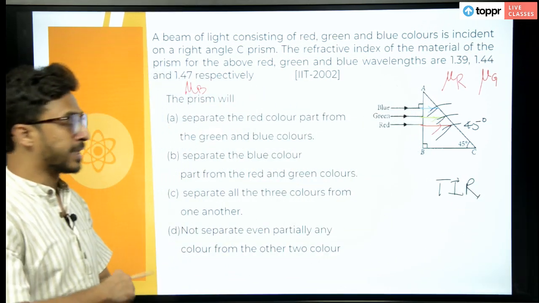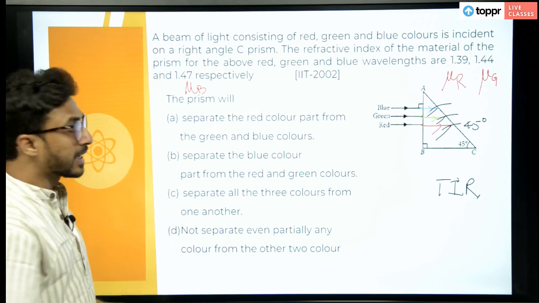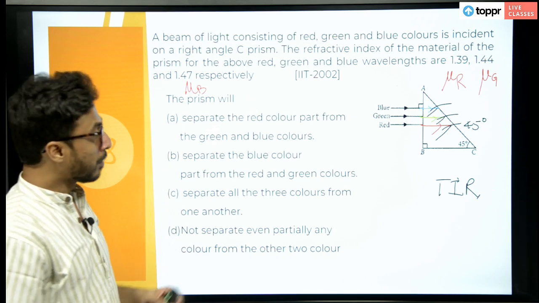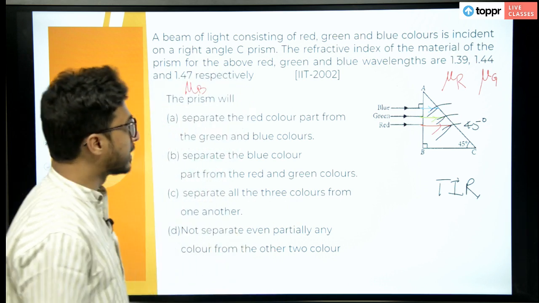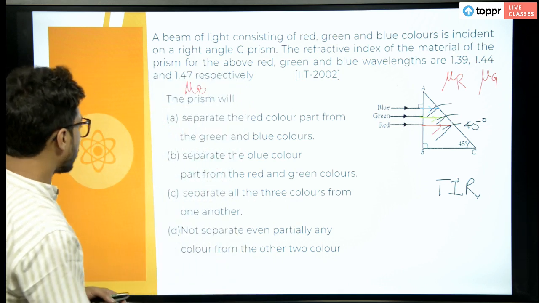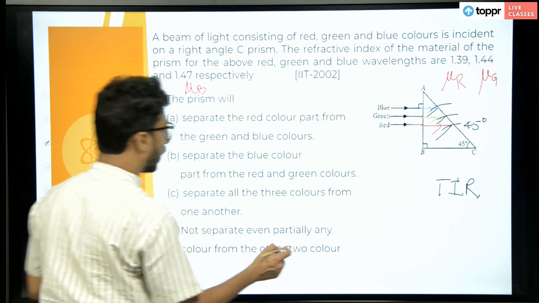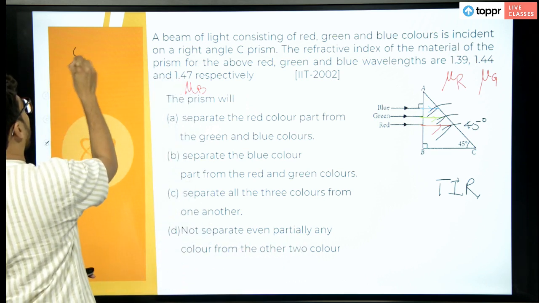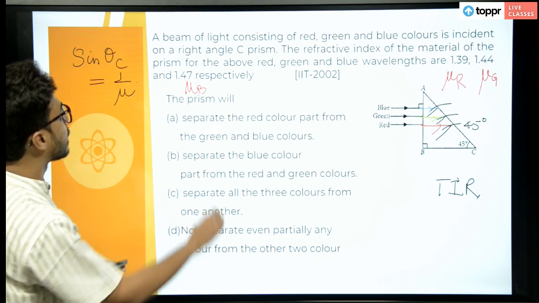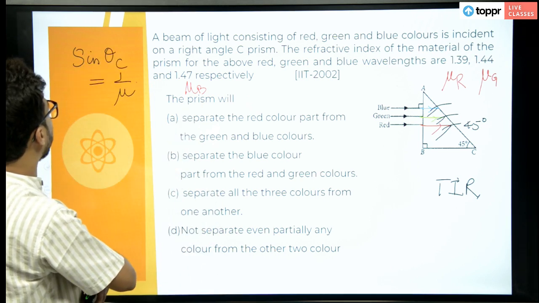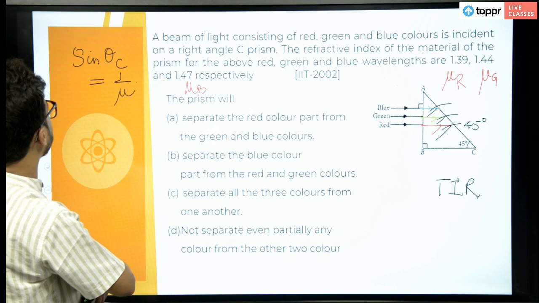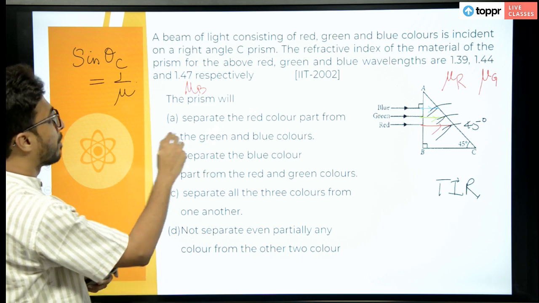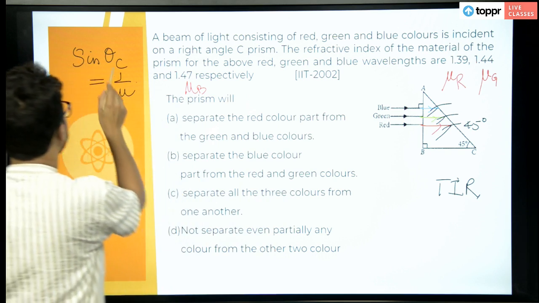Now, how to find whether the critical angle is more than that or not? Let us try to find out. I'm writing it here. 47, it is given. Fine. Sine of critical angle is 1 by mu, 1.44.